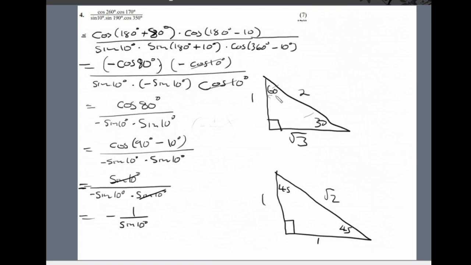And then if you say sine 60 you will have root 3 over 2, sine 30 is 1 over 2, and so on with the other trigonometric ratios, right?